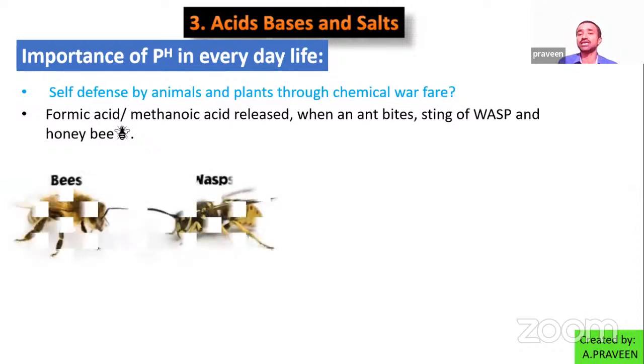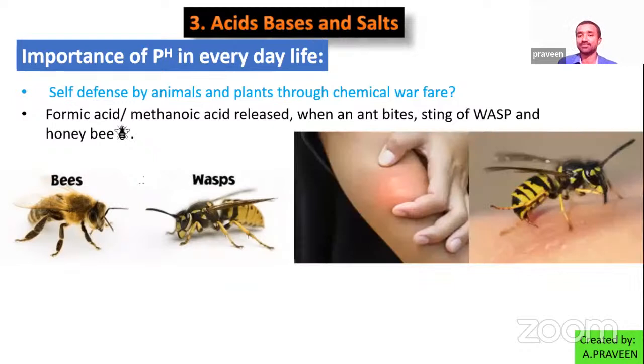The chemical substance released by honeybees or the sting of a wasp. The sting is inserted into your body and can release a chemical that gives you burning sensation, pain and swelling. Look at where it stings, that gives you swelling and burning sensation with that bite.